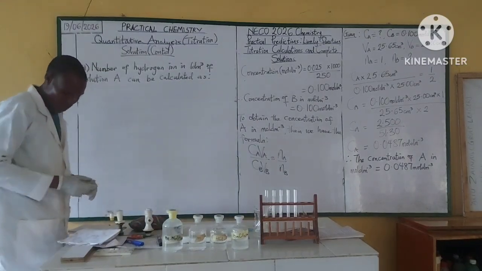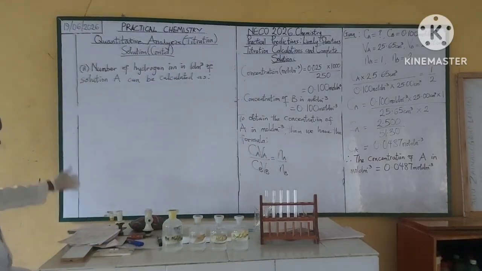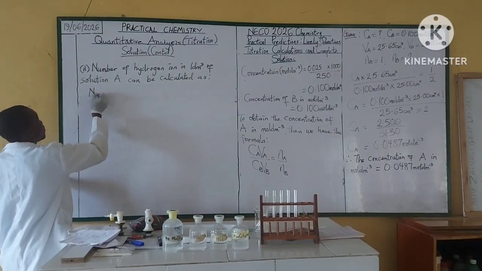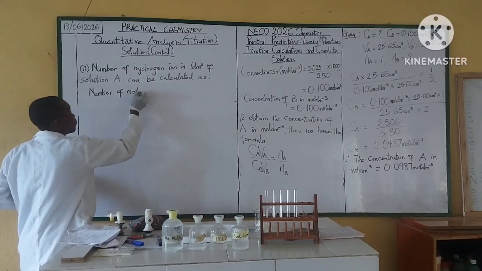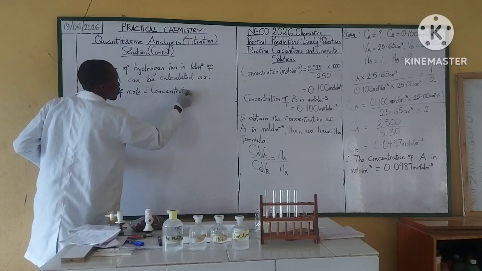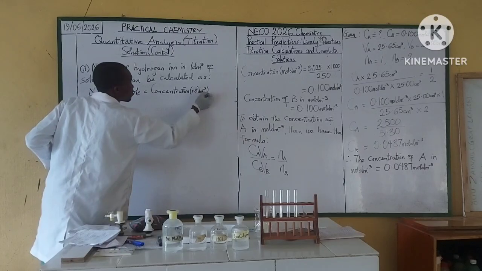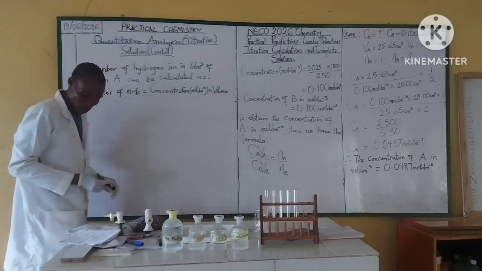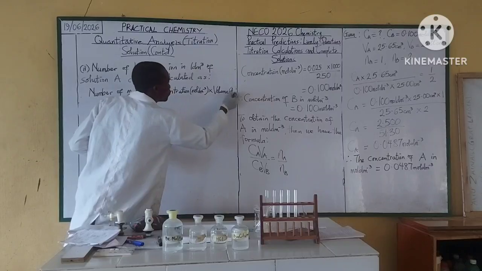The first thing to do is to obtain the formula for calculating number of mole. Number of mole, as we all know, is equal to concentration in mole per dm cube times volume in dm cube, because they have stated that it is 1 dm cube.